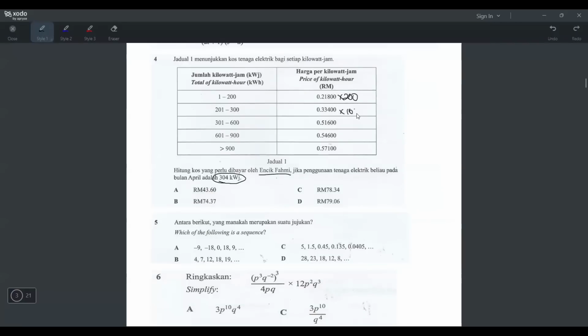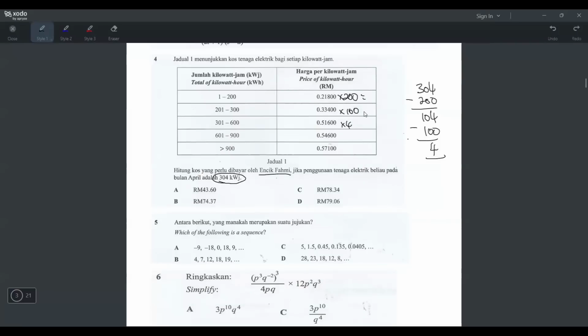So you have to times this one by 100 cukup lah, sebab your kilowatt now is 304, right? So you minus 200, you end up with 104, right? And the next 100 here, it says from 200 to 300, the next 100, the rate is 0.334. So that's why you have to times with 100. And then when you minus 100, you left with 4, right? So the extra 4, you darab dengan ini.